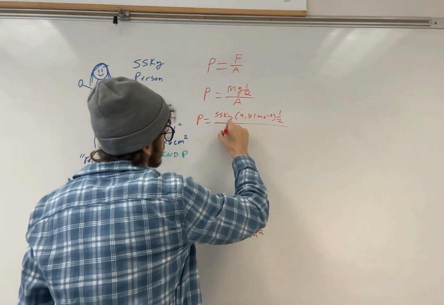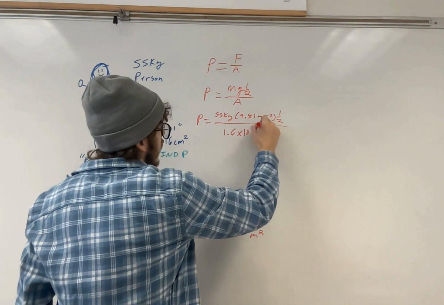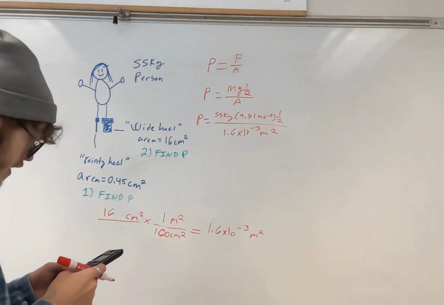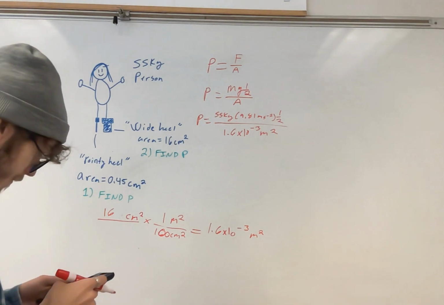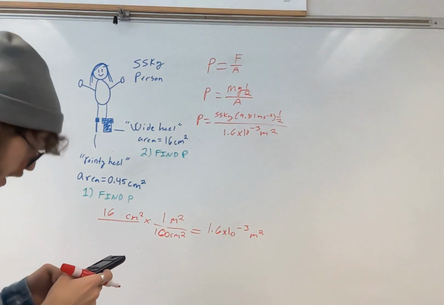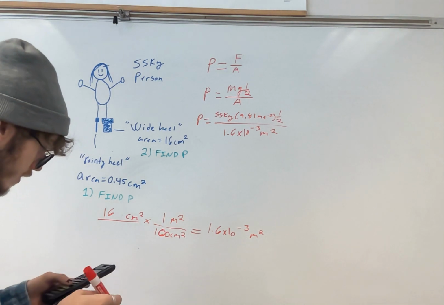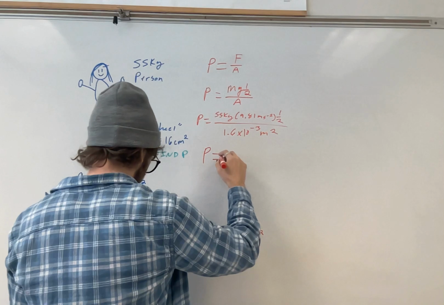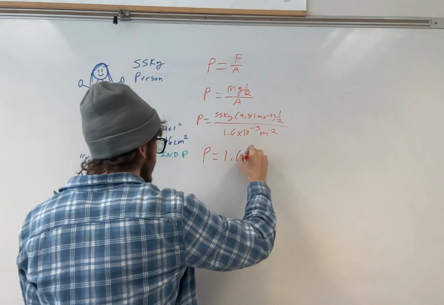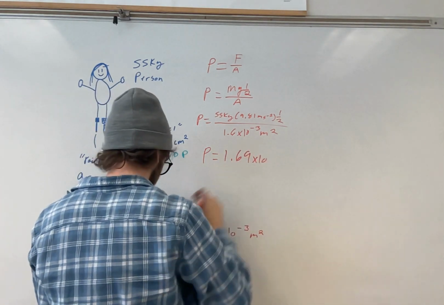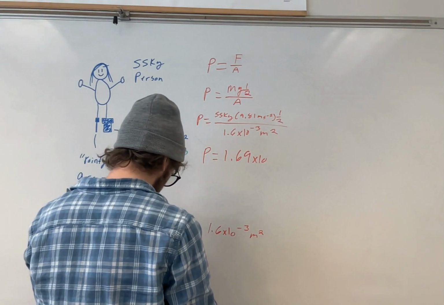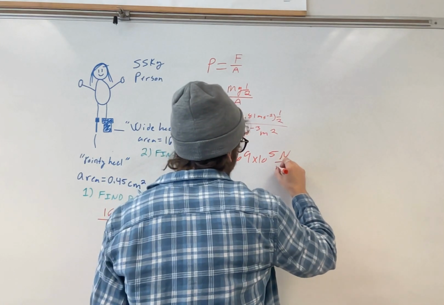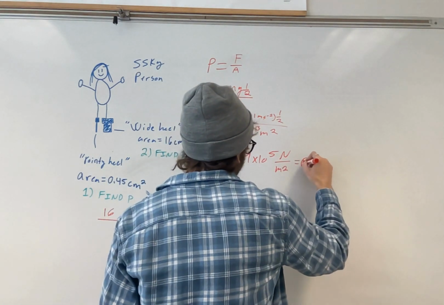And we'll find that when we do the math, 55 times 9.81 times 1/2, divided by 1.6 times 10 to the negative 3rd, we find that our pressure is equal to 1.69 times 10 to the 5th power. So just a little less, and this is in newtons per square meter, or simply pascals.